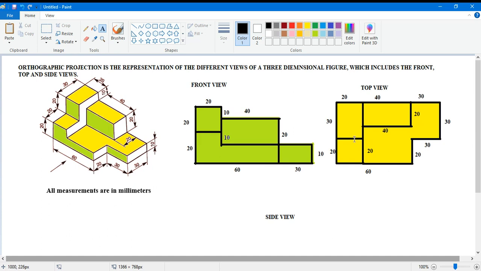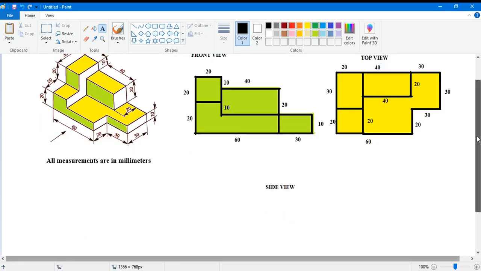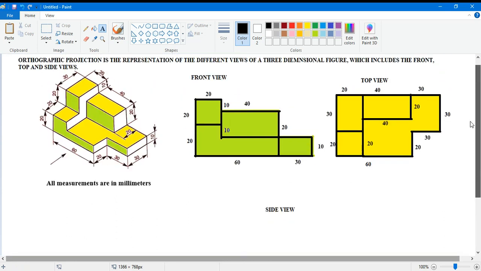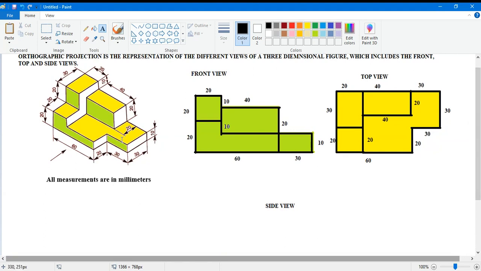Which is what we have here. Now we have the front, we have the top. Now we need to draw the side view. Which means when I am seeing the figure from here, what are the areas I will see here? What are the sides I will see here? So let us do this right now.